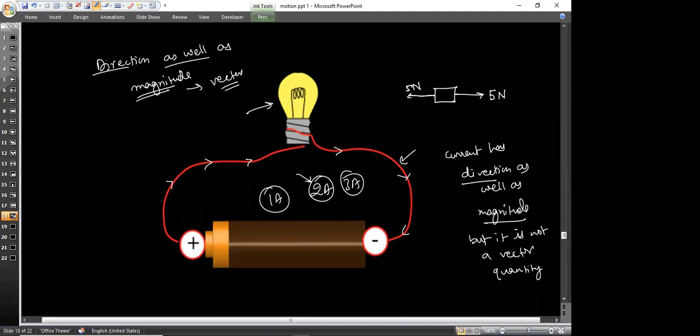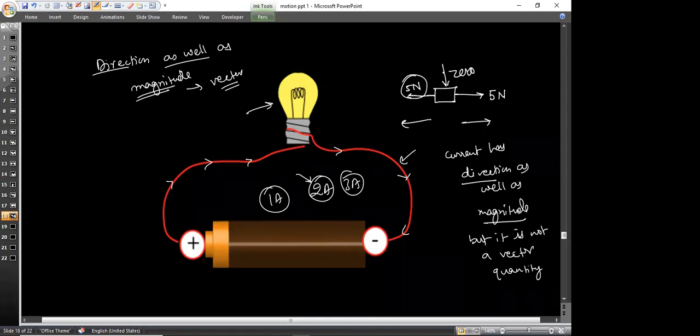So let's talk about this. If this is a 5 Newton force exerted in this direction and a 5 Newton force exerted in this direction, the net force on this object will be 0, meaning the object will not move.